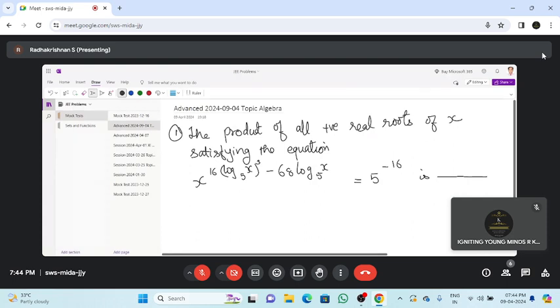Okay, I will start. The first step is taking the log on both sides. So take log to the base 5. What did you get, Dakshinya?